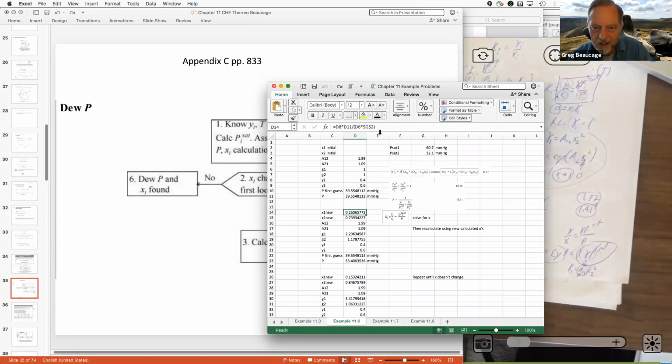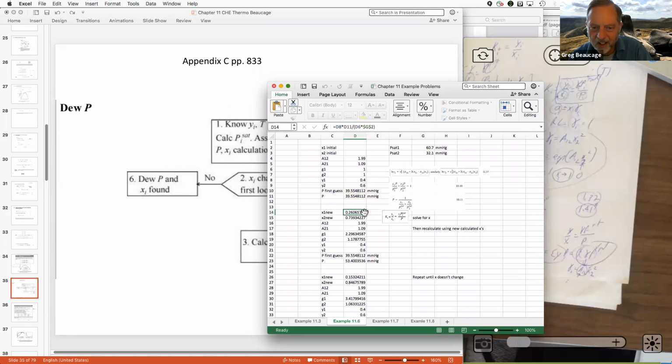So x is going to be the saturated, the G term, so the saturated times gamma. And then this is y, D8 is going to be y, and then y times p, the p that you just calculated. And that gives you x.